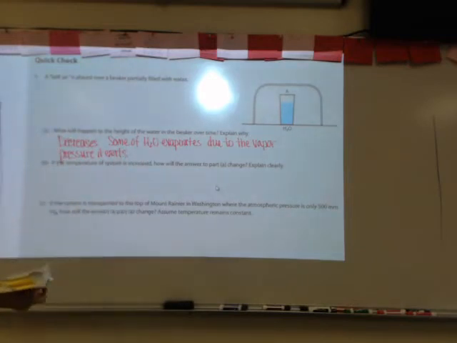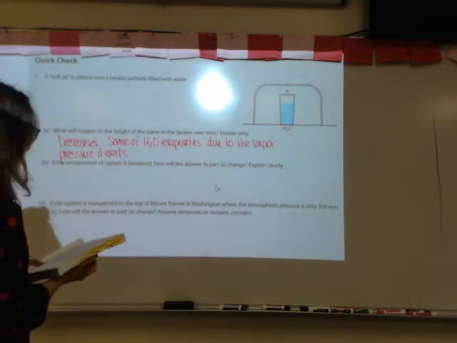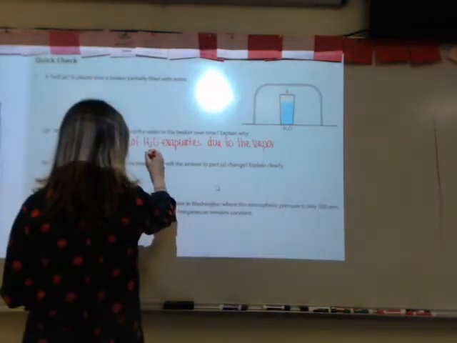And some of the water evaporates because of the vapor pressure that it exerts. So vapor pressure causes water to evaporate.